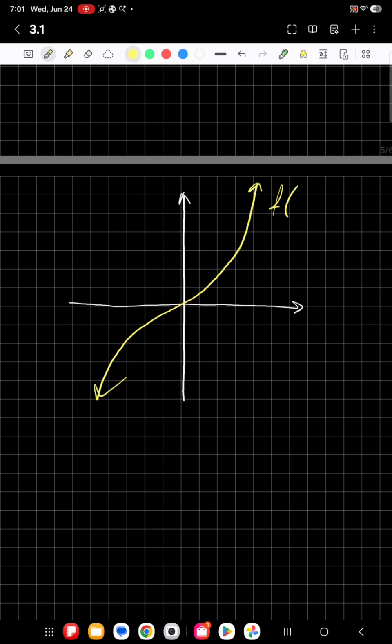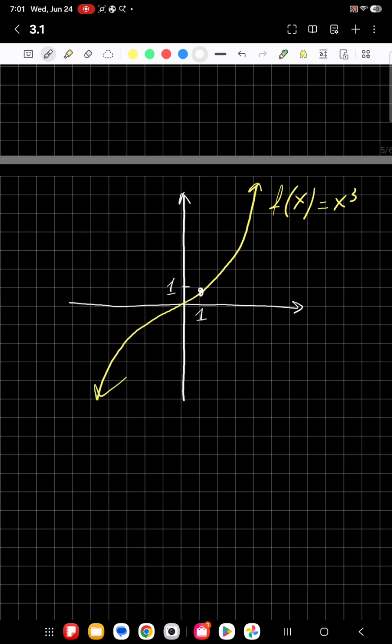Okay, so this is f of x equals x cubed. Okay, so now the question is, what is the slope at this point? Right? So this is 1 here. Right, so we have a formula for slope.